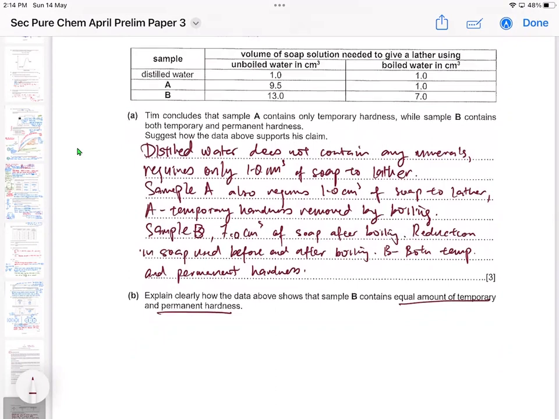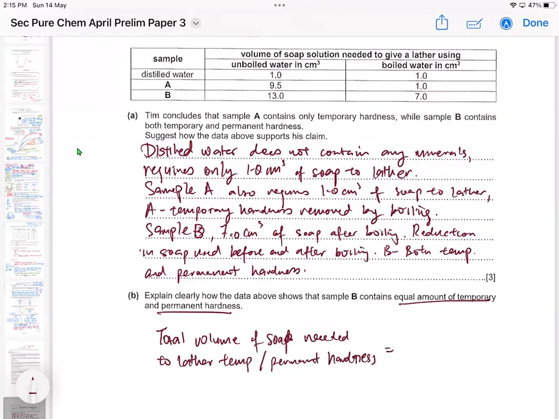Okay, so I can say that the total volume of soap needed to lather the temporary and permanent hardness.